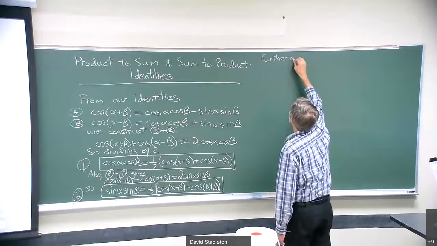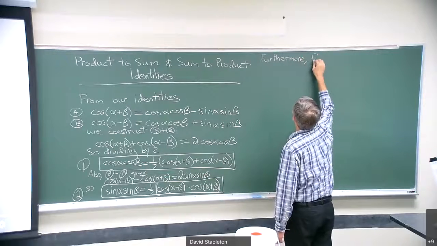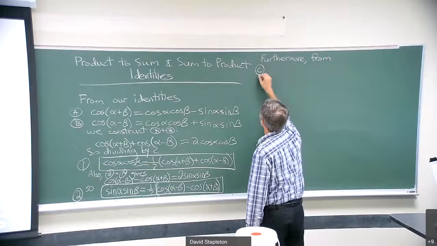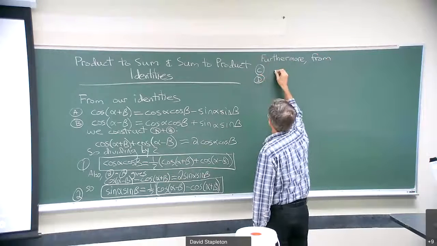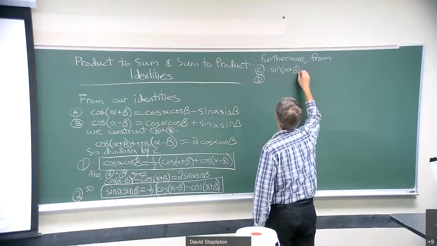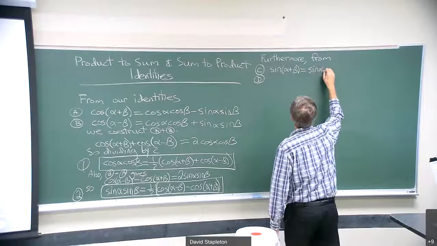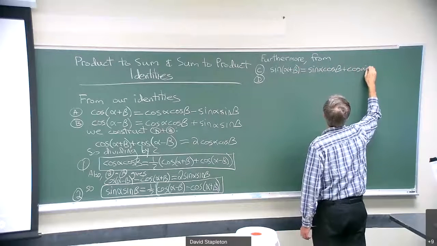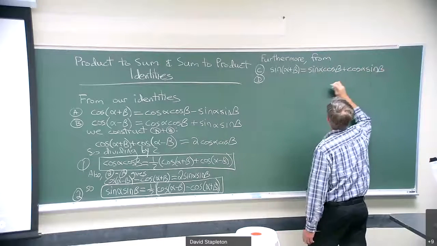Furthermore, from your C and D, if you like, sine of the sum of angles and difference of angles. Sine of alpha plus beta is sine cosine, this one you do have to memorize, plus cosine sine. We already did these.